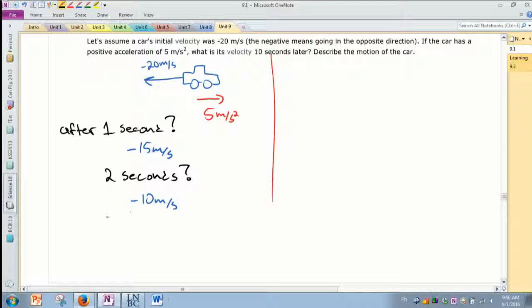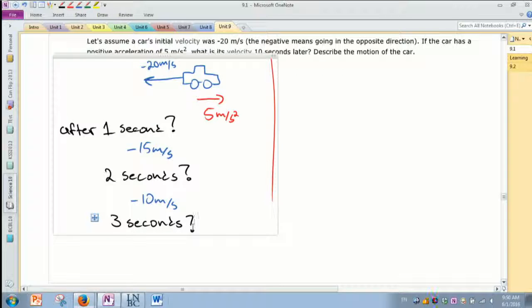Okay, if I continue this on, what happens after 3 seconds? Well, I'm increasing my velocity by 5.